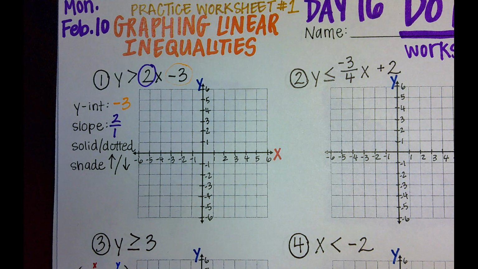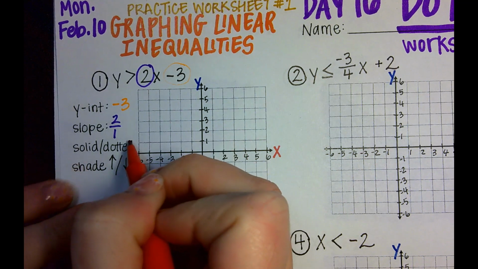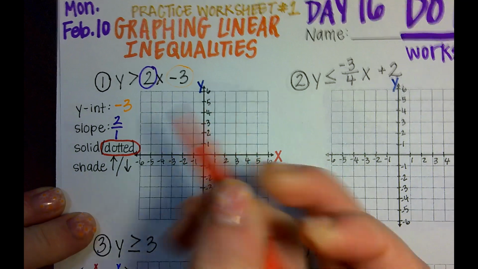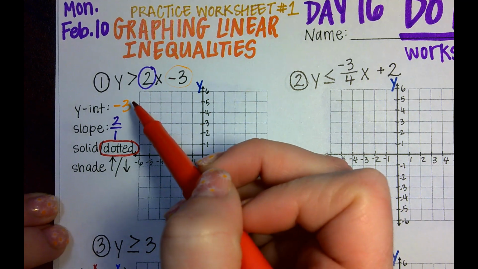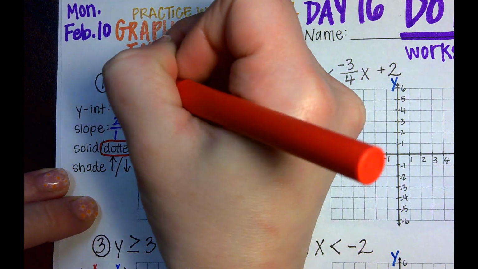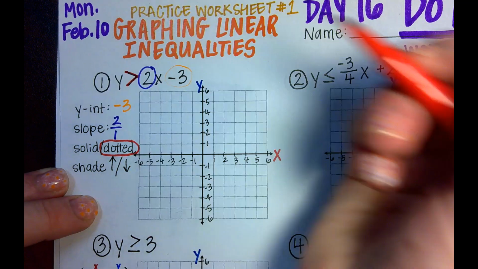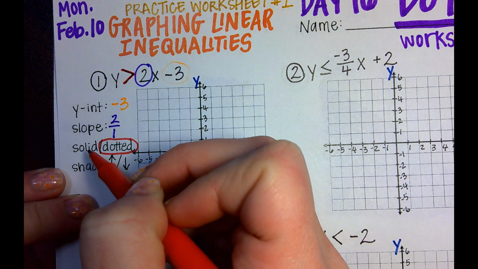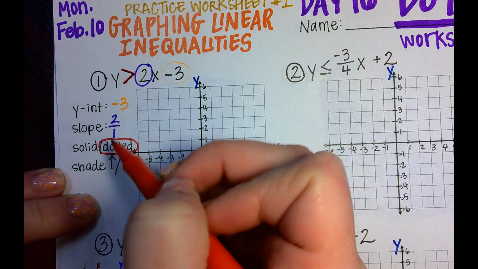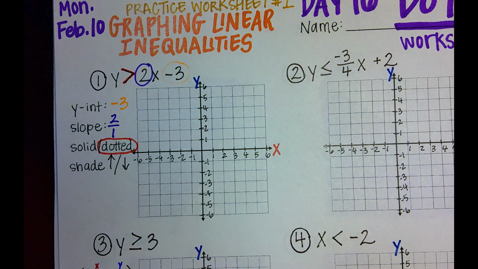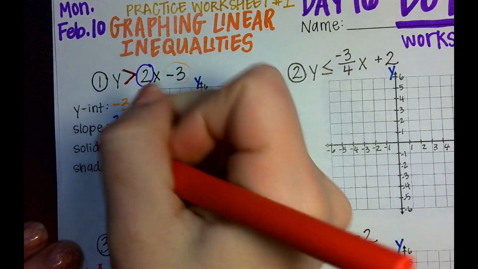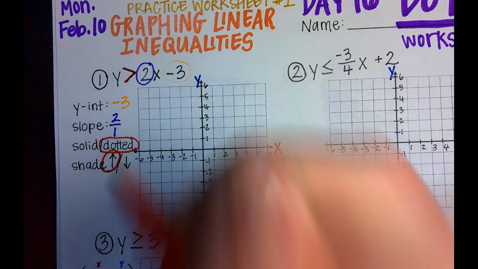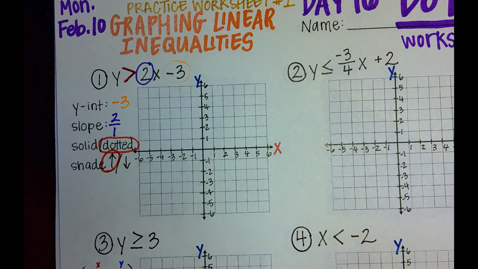Dotted, good. Now how'd you know it was going to be a dotted line? Because of the sign after. Yeah, we have a greater than sign. If it was greater than or equal to, then it would be solid. But since it's not equal to, it's dotted. Good. And then would we be shading up or down? Up. Perfect.